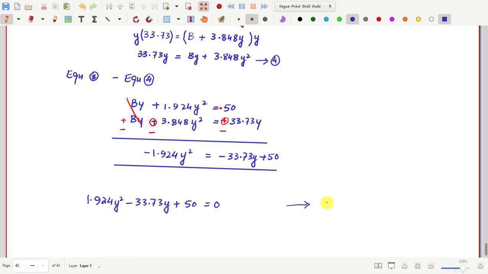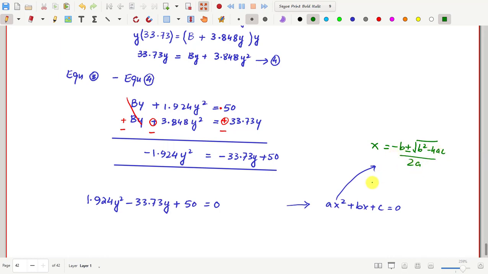Okay, now this is in the form of a quadratic equation. What was our quadratic equation? Quadratic equation was ax square plus bx plus c is equal to 0, right? If your equation is in this form, that is known as a quadratic equation, and to find the value of x we had a formula: x is equal to minus b plus minus under root b square minus 4ac divided by 2a, right?